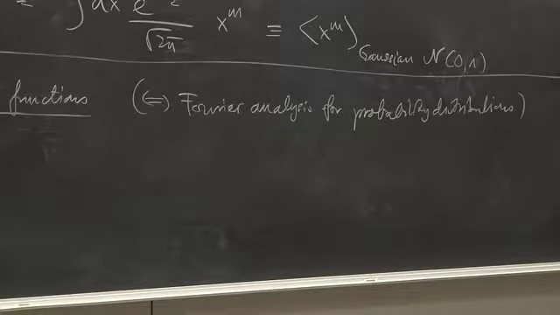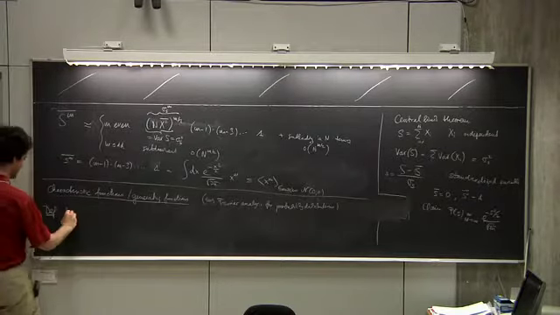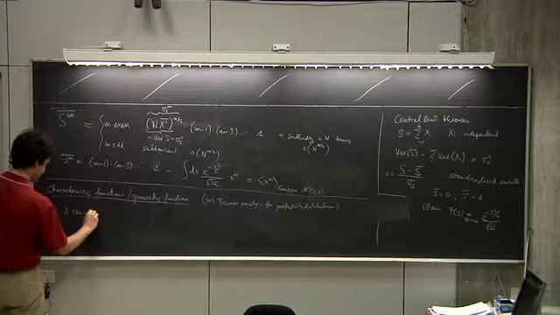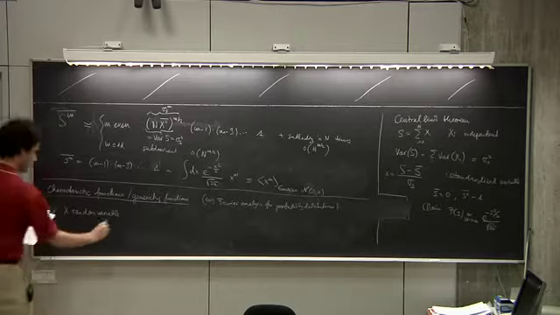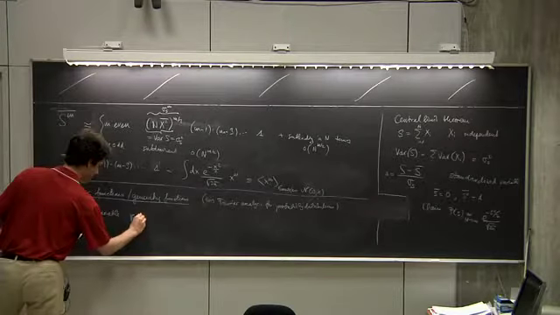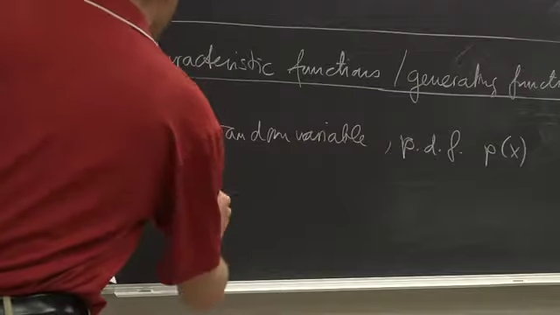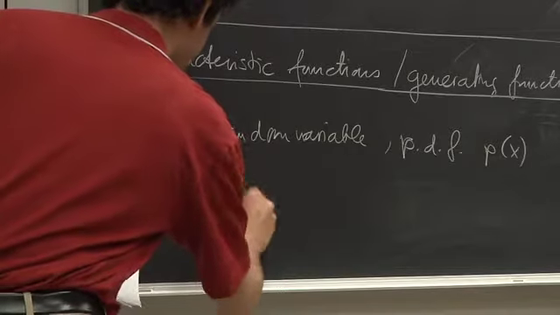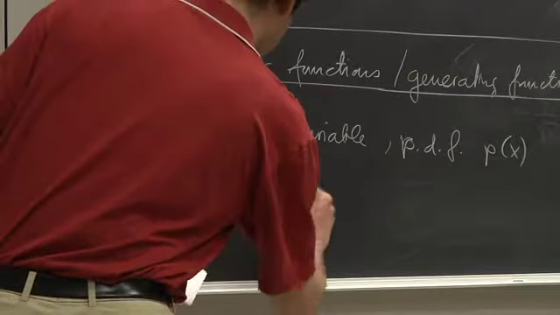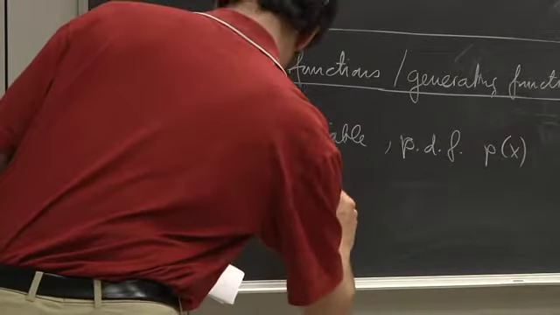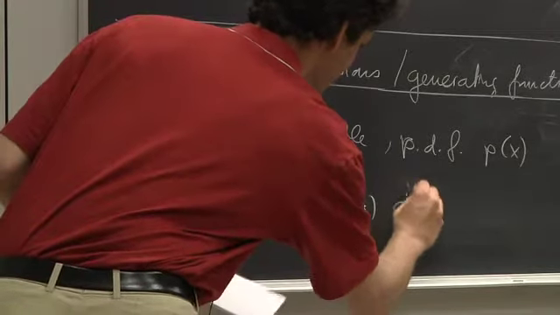So, okay, let's start with the definition. If x is a random variable with a probability distribution function p(x), then we define the characteristic function, which is a function of the argument t, as the integral over dx p(x) e^{itx}.